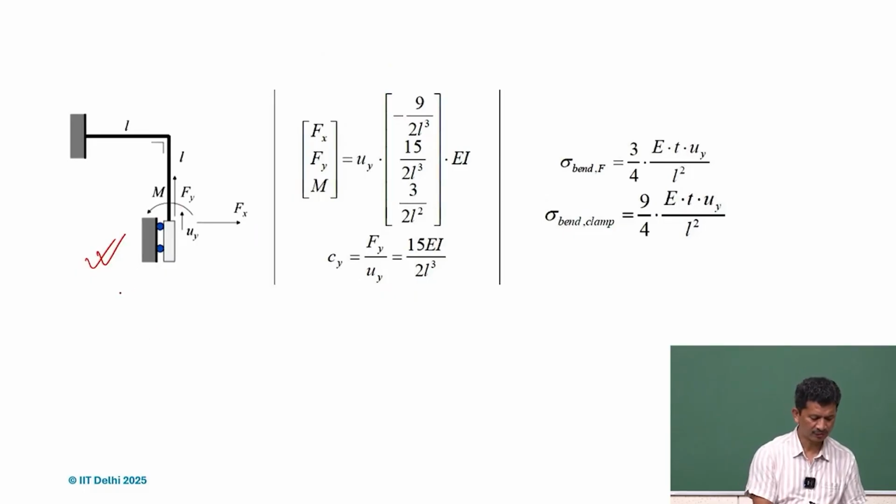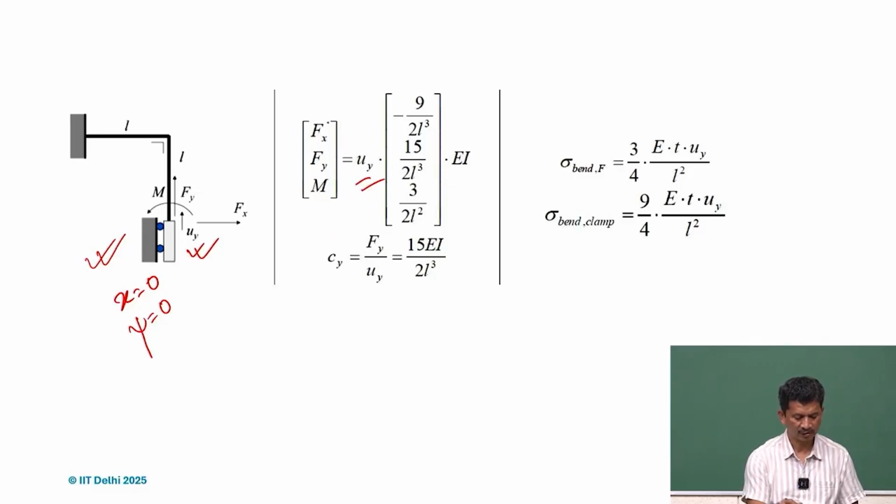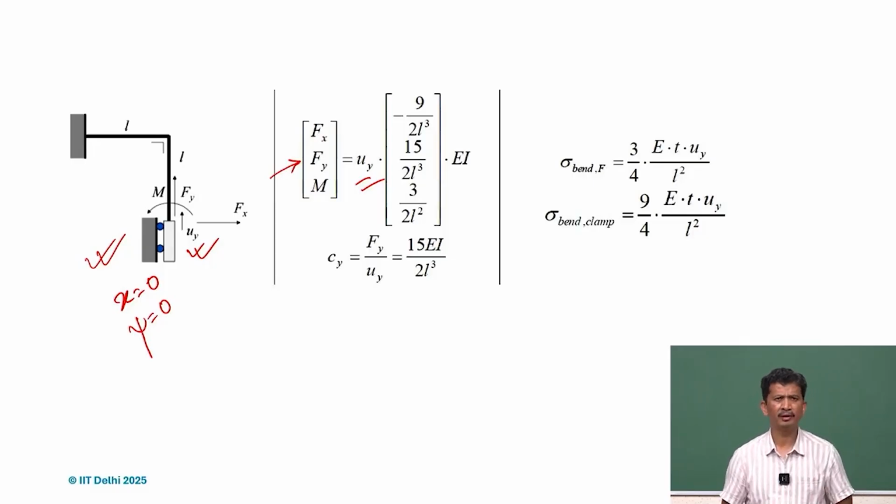What happens if it's like this? In this case, x is 0, and this is also 0. The only displacement we have is Uy, and we have one actuation, which will be Fy in this case, and Fx and M will be the reaction forces and moments.